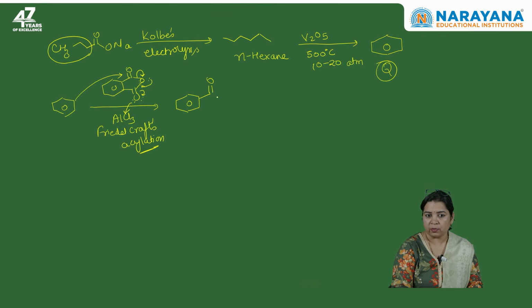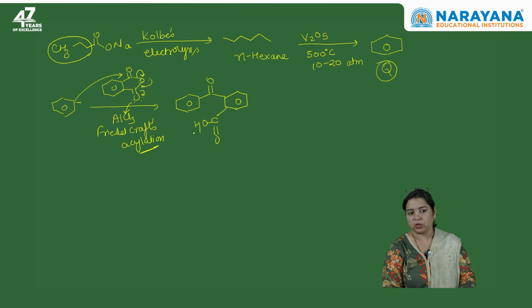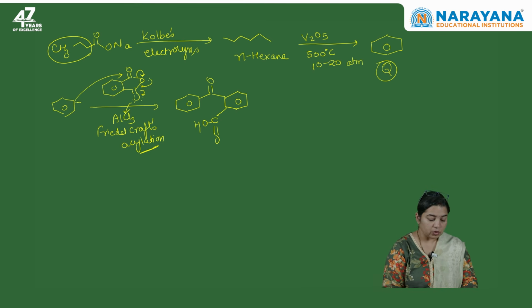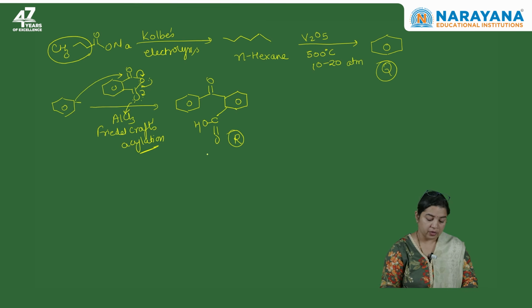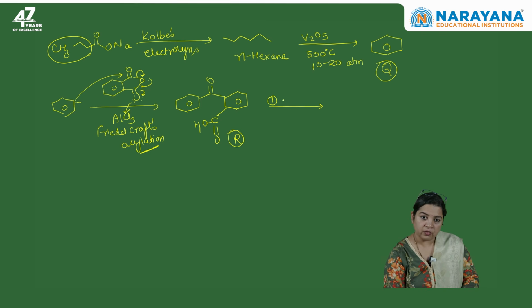C double bond O, right? And when I remove this AlCl3, the H which is coming from here will make this COOH. Okay, so this is my structure for R. Now for R, they are again giving us that treat it with PCl5.